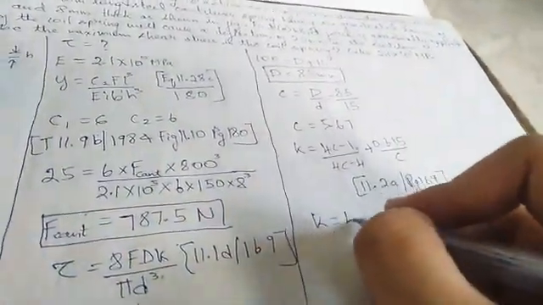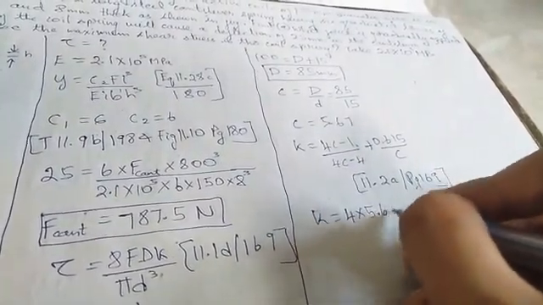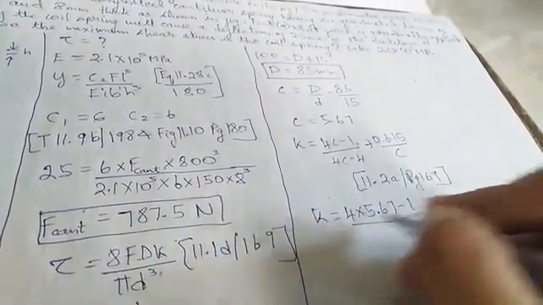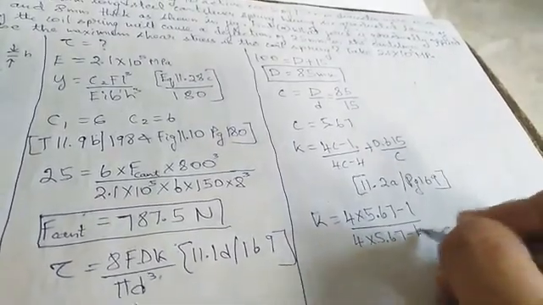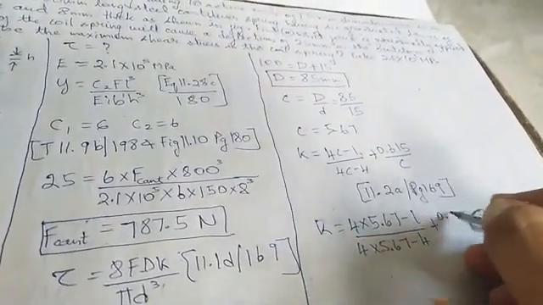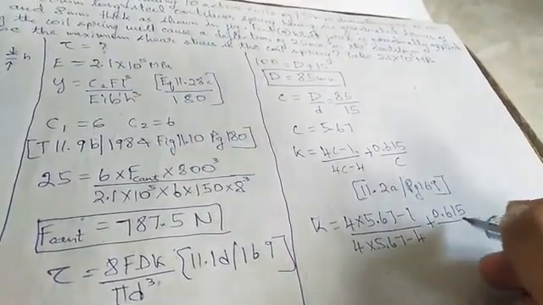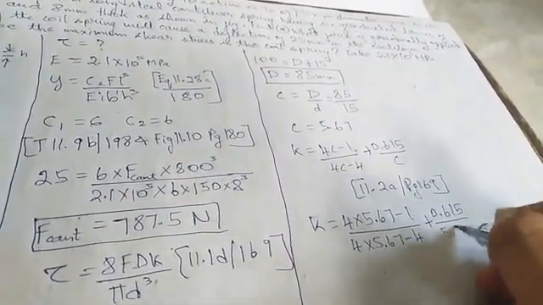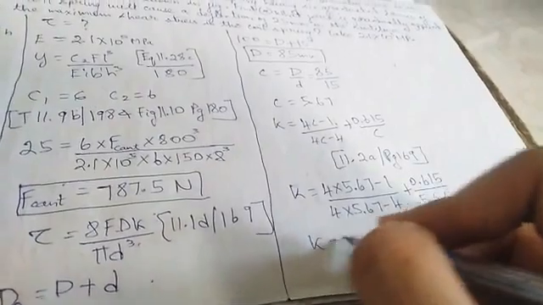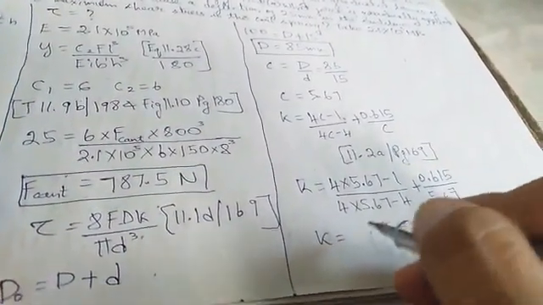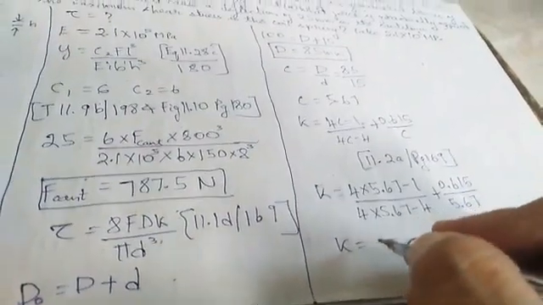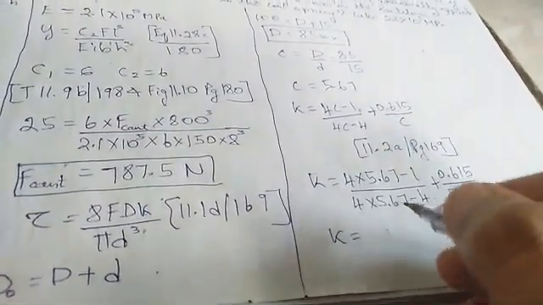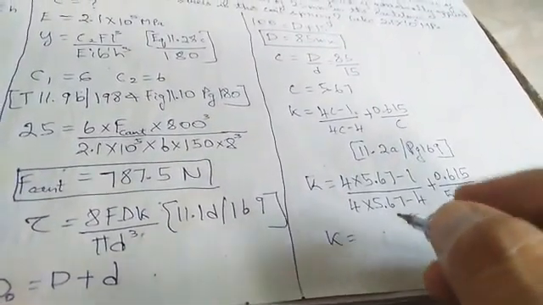So K is equal to 4 into 5.67 minus 1 by 4 into 5.67 minus 4 plus 0.615 by 5.67. We will get the value of K as 1.27.